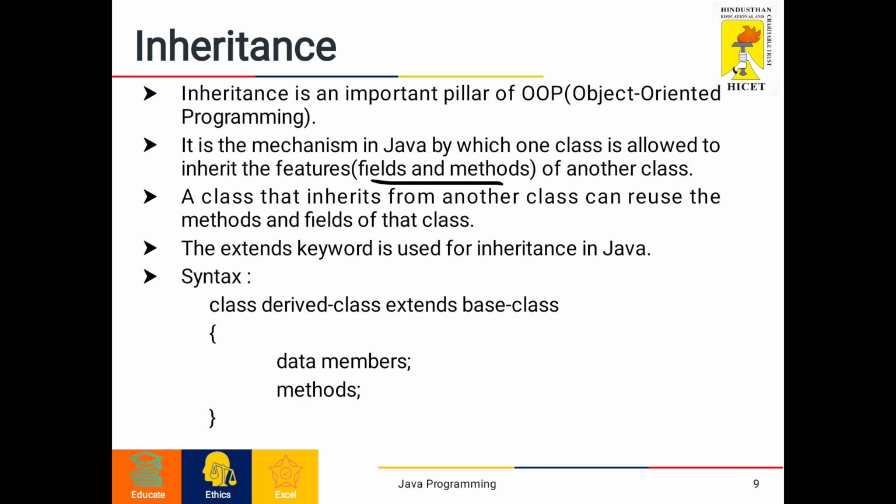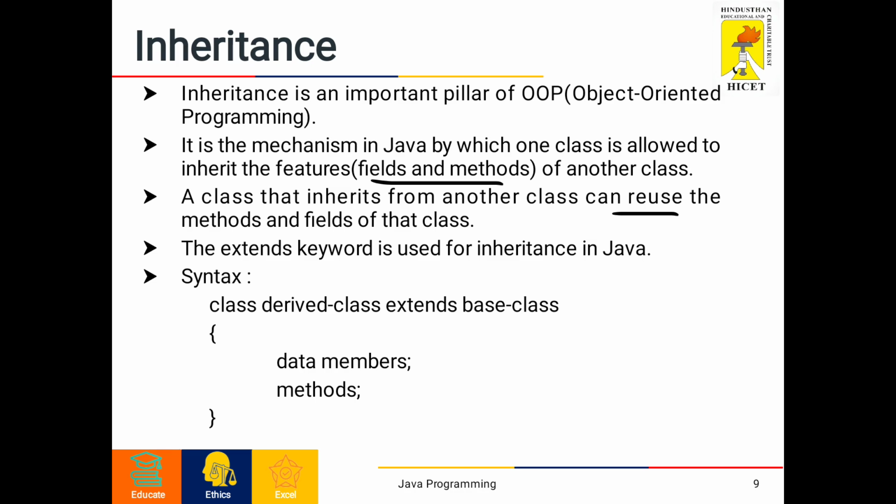So if a class is inherited, we are going to inherit some methods and some data members from one class to another. So it improves reusability. If a method is being inherited, I don't want to redefine the method in the derived class.